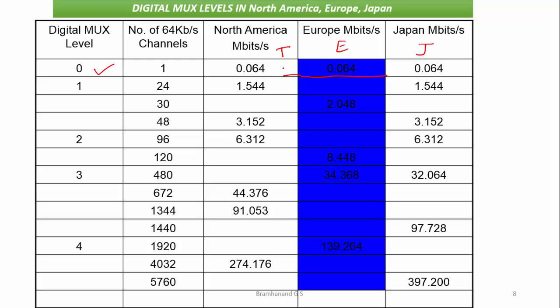And when we compare T carrier and E carrier, there is no similarity in any stage of muxing. So basically there are 4 levels of muxing. There is no similarity. Of course, there are some similarities at DS2 level between T and J carrier, between North America and Japan.